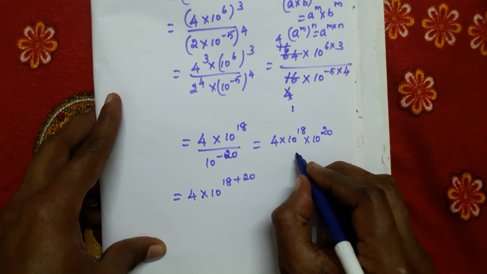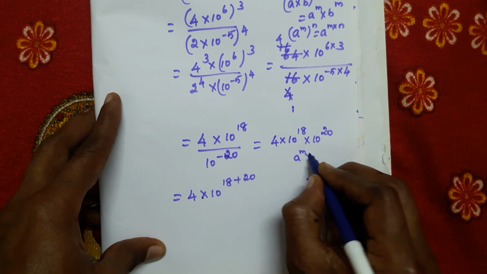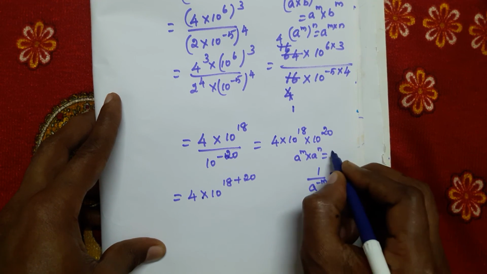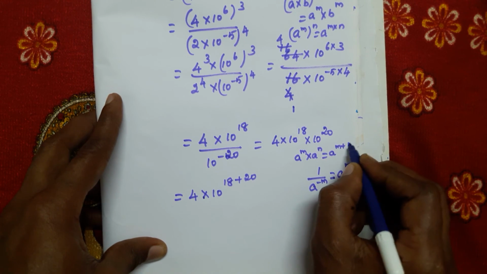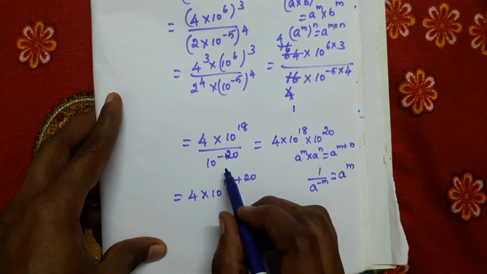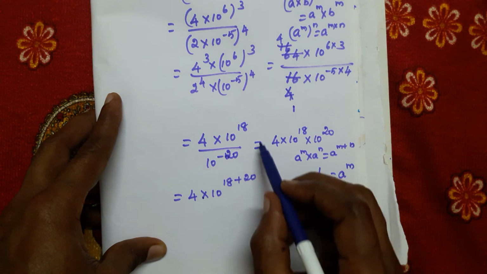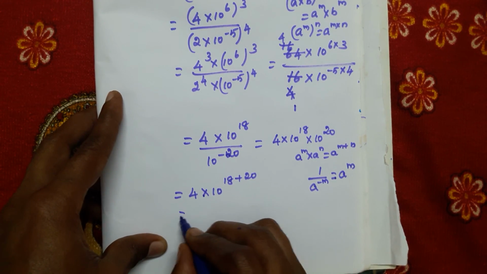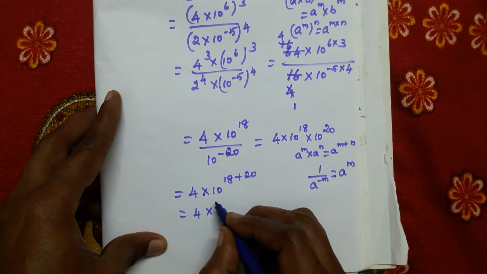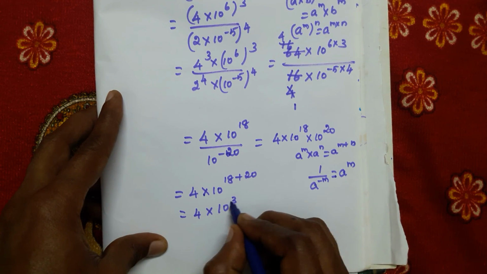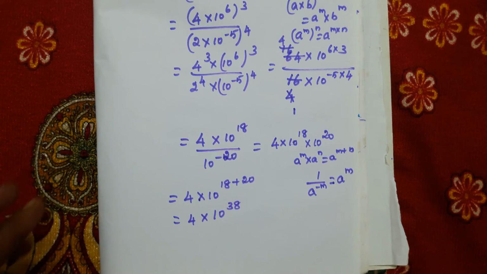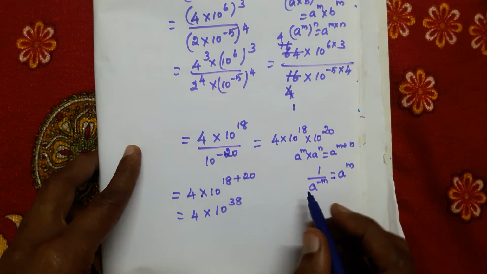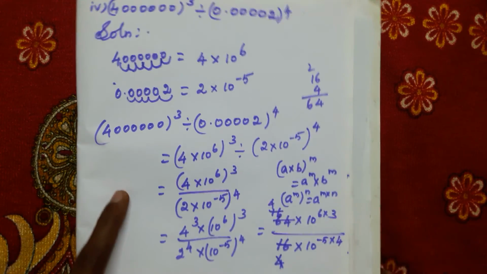What property? a power m into a power n is equal to a power m plus n. When we use this, we get 4 into 10 power 18 plus 20, which is equal to 4 into 10 power 38. That is the answer. It is the scientific notation of this one.